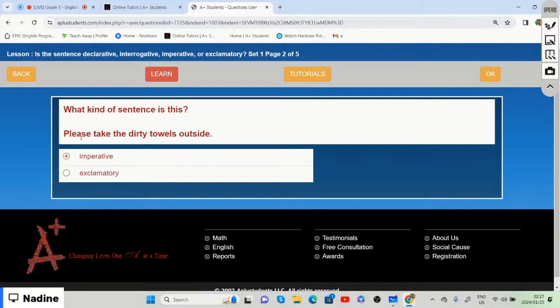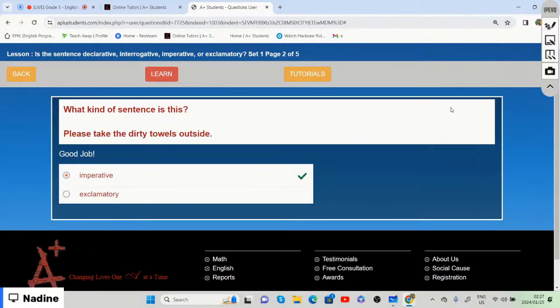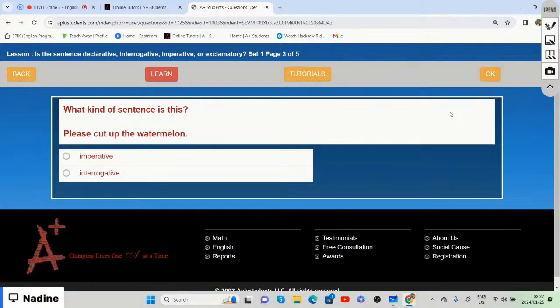Please take the dirty towels outside, and we said it's an imperative. An imperative is correct.